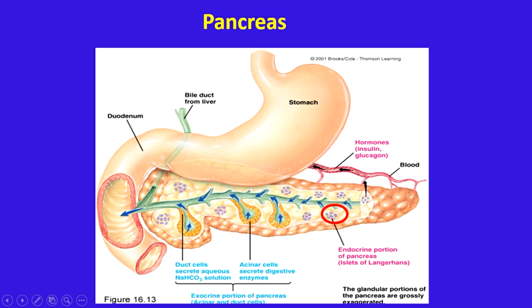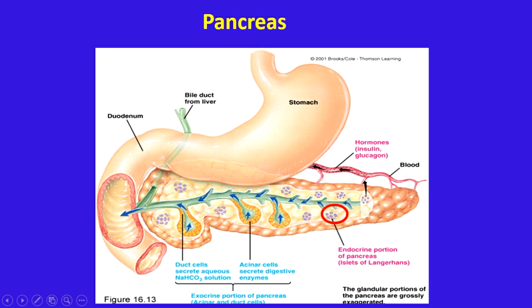So the pancreas, from the location here, you can see has an endocrine section and an exocrine function as well. In GI physiology, we are going to discuss the exocrine portion of the pancreas. This lecture will only focus on the endocrine portion.